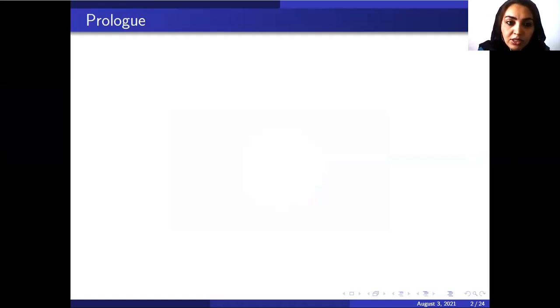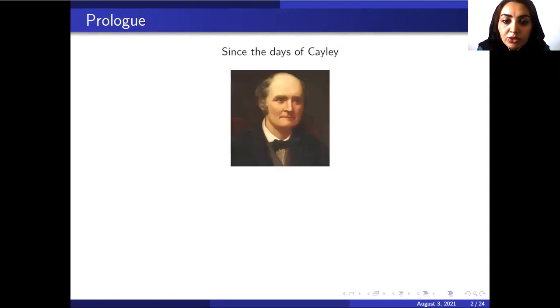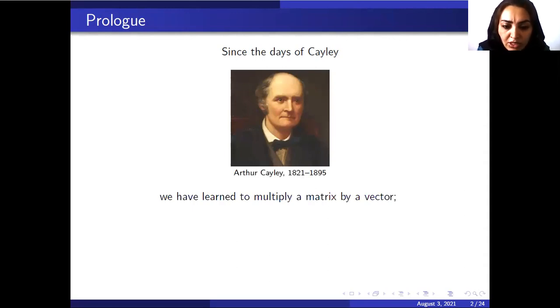I start with some preliminaries, a kind of prologue. First of all, I would like to remind you that since the days of Arthur Cayley, all of us know how we can multiply a matrix by a vector. For the sake of provocation, I put here this very simple example.